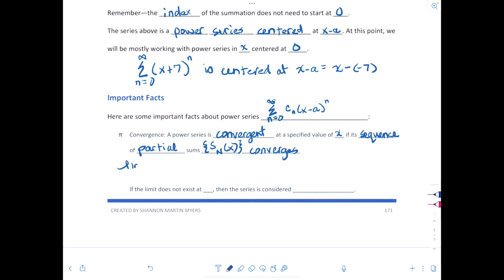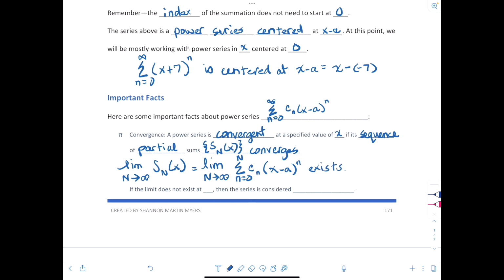So what does this look like? The limit as capital N approaches infinity of the sequence of partial sums in terms of x, or the nth partial sum in terms of x, which would be the limit as capital N approaches infinity of the summation as small n goes from 0 to capital N of c sub n times x minus a, this quantity to the n, exists.